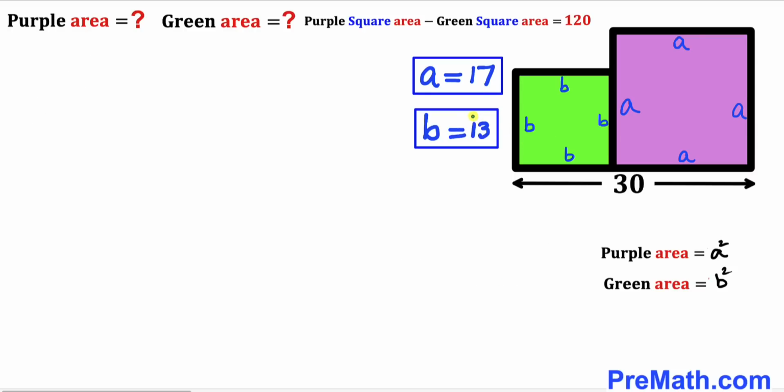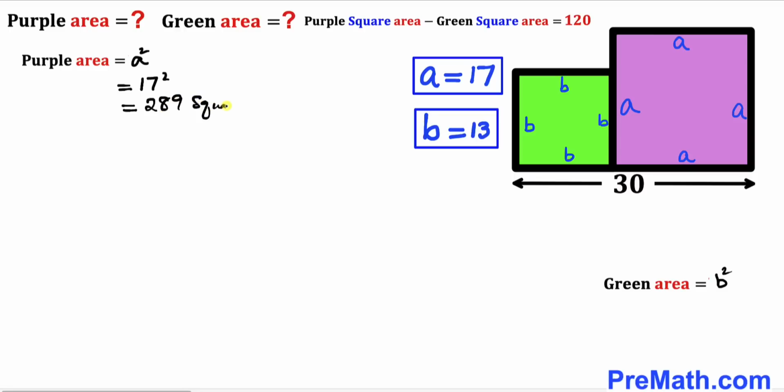Thus our lowercase b value turns out to be 13 and lowercase a value is 17. Now let's recall the purple square area equals lowercase a squared, and our a value is 17. So our purple square area is going to be 17 squared, which is equal to 289 square units.